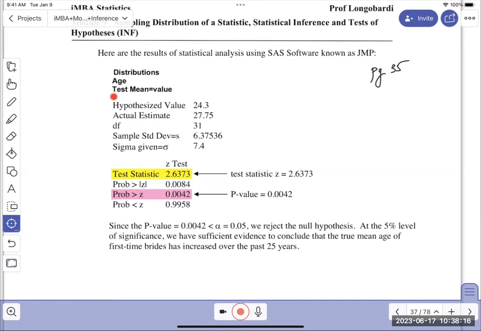It tells you here that this is a test for mean. So I know that this is a test for mean.